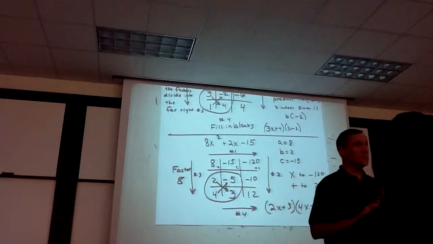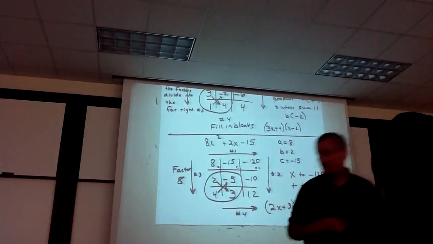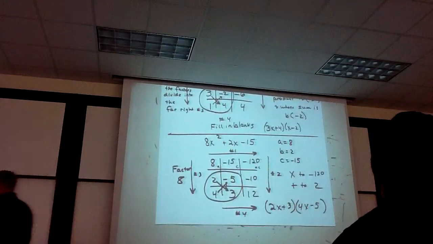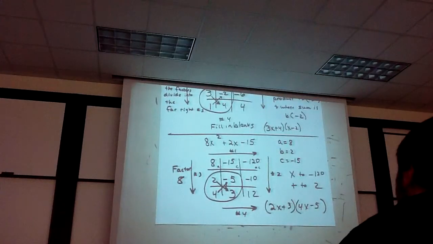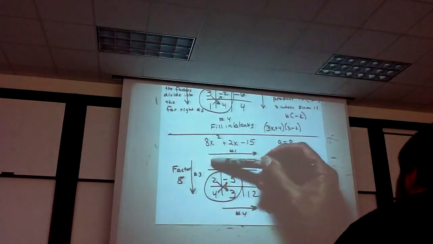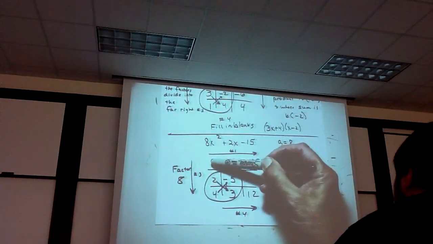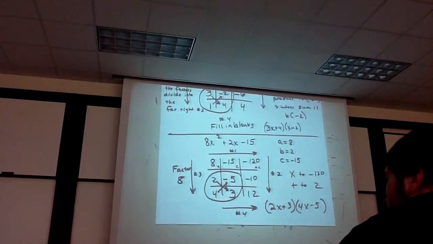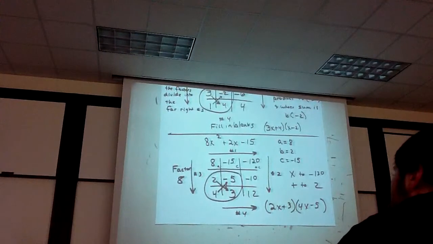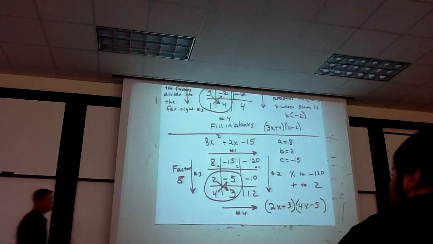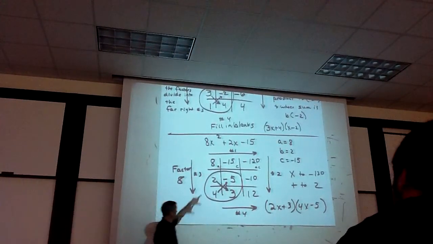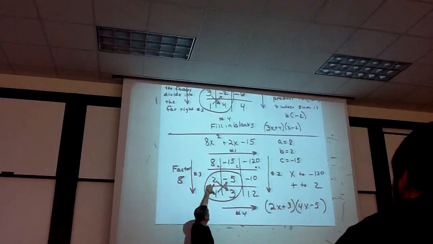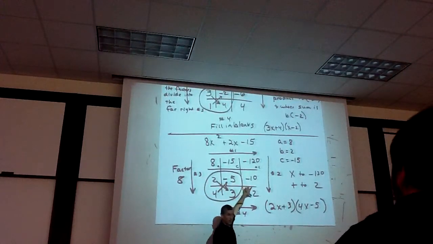Okay. Yes, can you go over step 3 again? Yes. Okay, step 3 is to factor 8. Factor whatever A is. But that could be 8, 1, 1, 8, 4, 2, 2, 4, right? But only one of those factorizations will give you factors that divide evenly into the far right numbers.